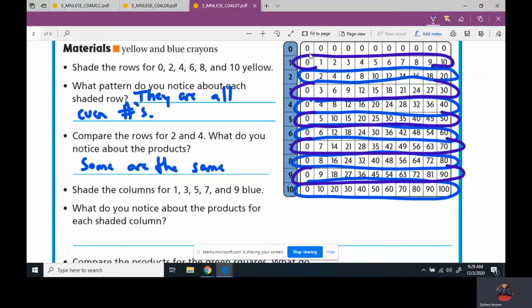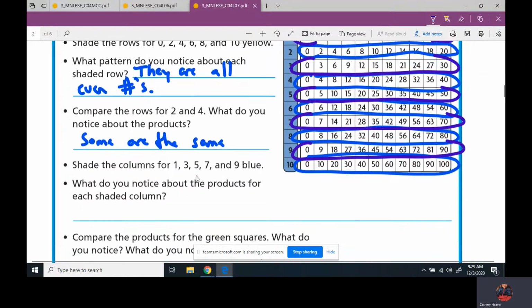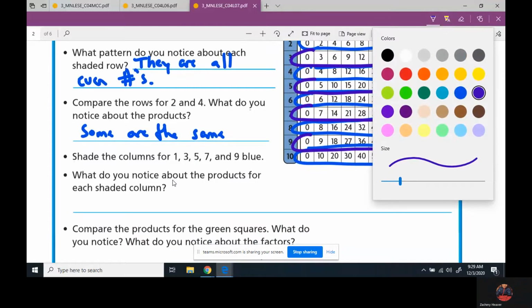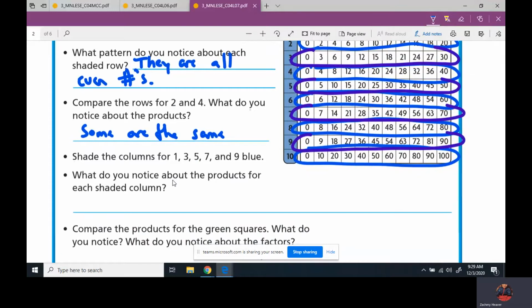So like we have 0, 1, 2, 3, 4, 5, 6, 7, 8, 9, 3, 6, 9, 12, 15, 18, 21, 24, 27. We have odd numbers, we have even numbers. We have odd and even numbers.